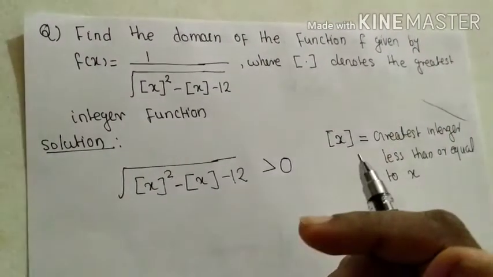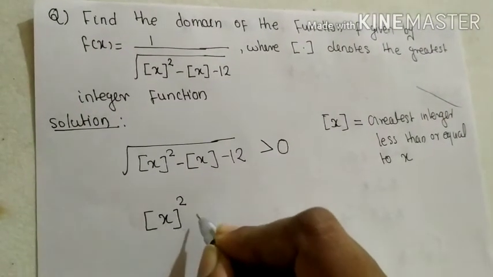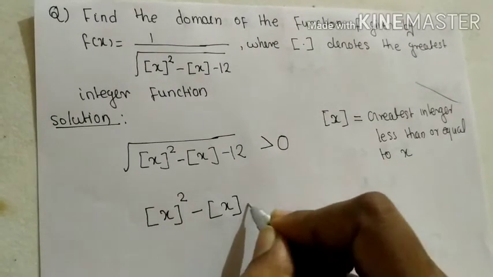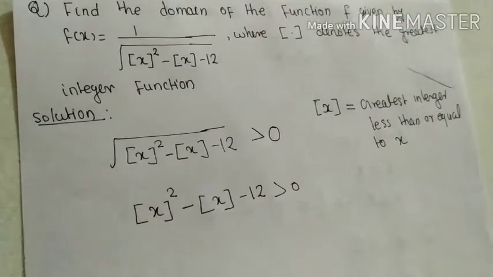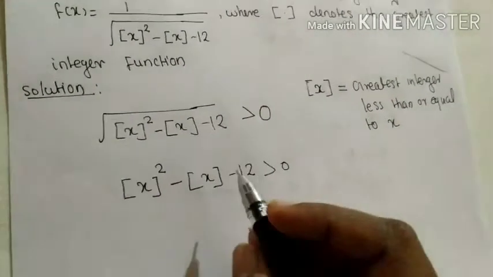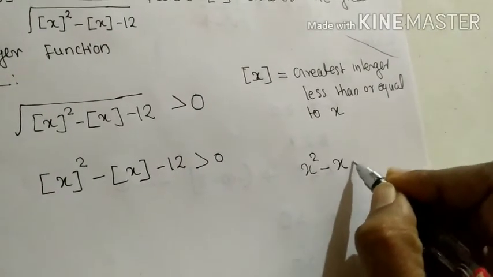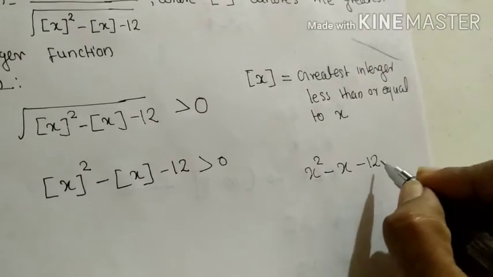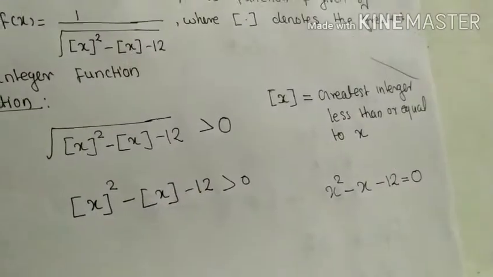Next, taking square on both sides, we get greatest integer x square minus greatest integer x minus 12 greater than 0. 0 square is 0, right? So we know that x square minus x minus 12 is a quadratic expression.